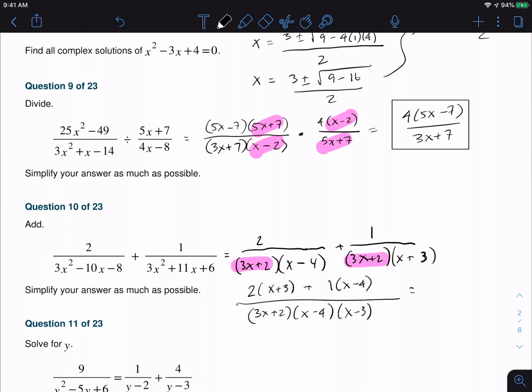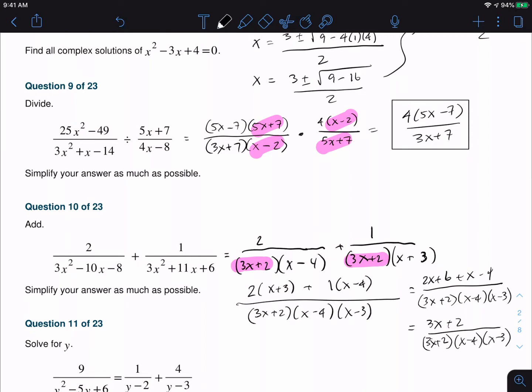So then from here, what's going to end up happening is I'm going to distribute. So I'm going to get 2x plus 6 plus x plus, ooh, that's a minus, minus 4 over the denominator. And so I'm going to end up with an answer of 3x plus 2 over 3x plus 2 x minus 4 x minus 3.